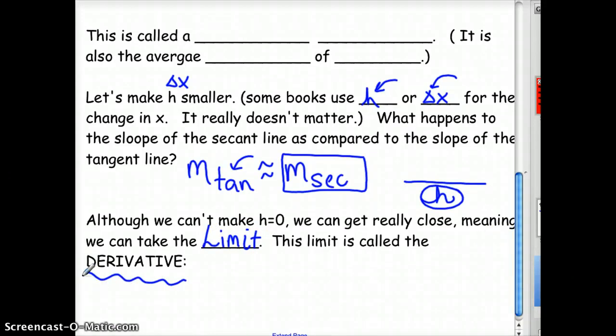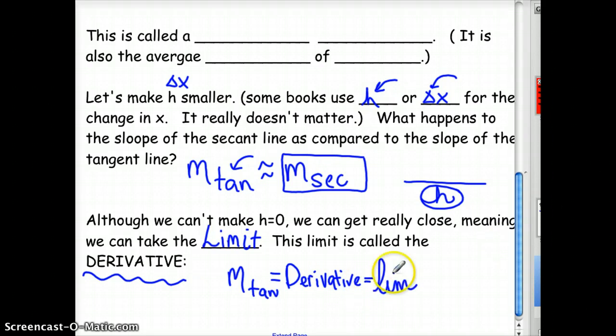This is where we left off on Friday. The slope of my tangent line, which is really called the derivative of the function, is equal to the limit, as the change in x becomes really close to 0, of the slope of the secant line.